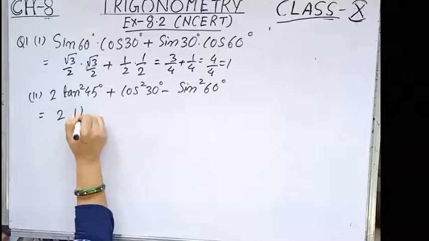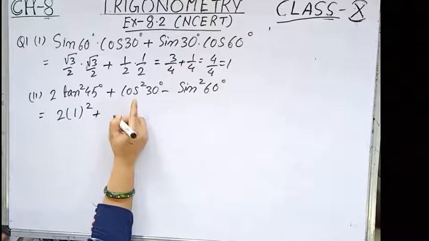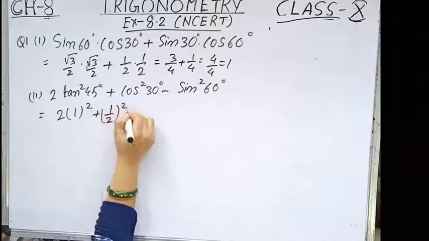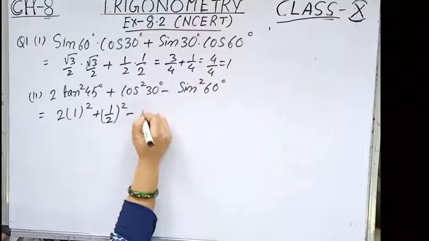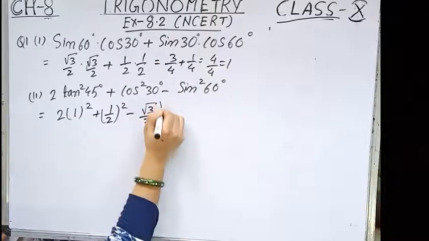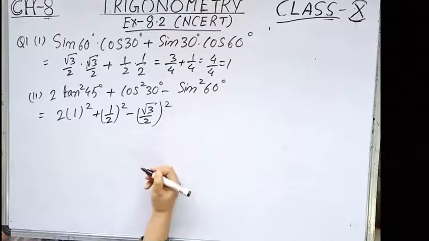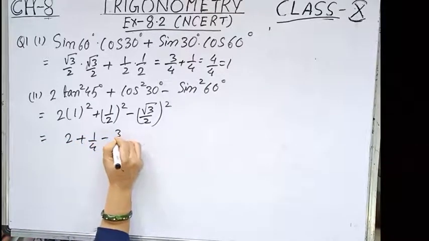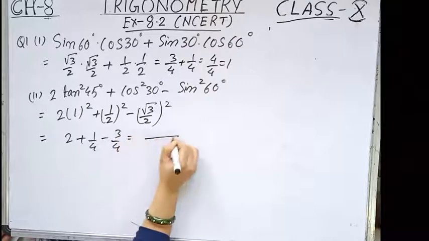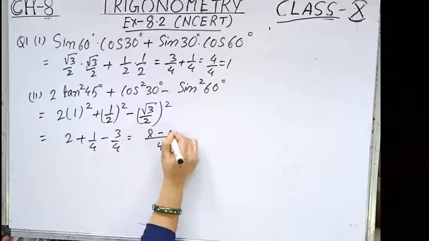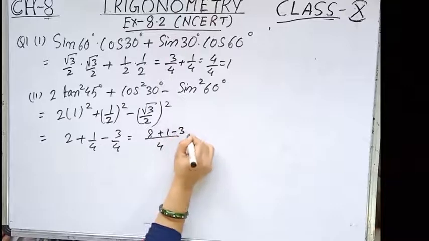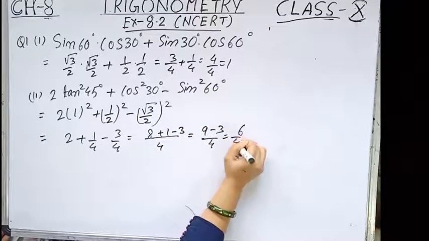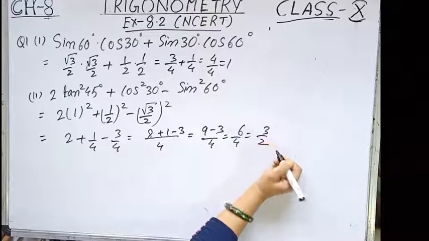So tan 45 is 1, plus cos 30, that right now also I wrote is root 3 by 2, whole square, minus sin 60 is root 3 by 2 whole square. So over here 2 plus 3 by 4 minus 3 by 4. So let us solve it. 4, 2 4s are 8, plus 1 minus 3, so 9 minus 3 by 4, that is 6 by 4, that is 3 by 2.